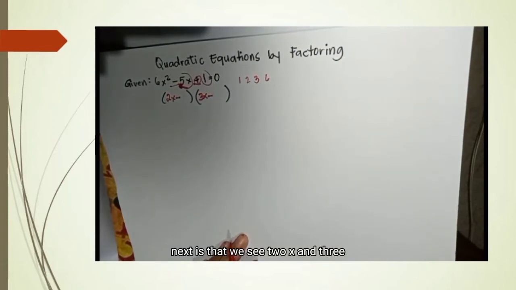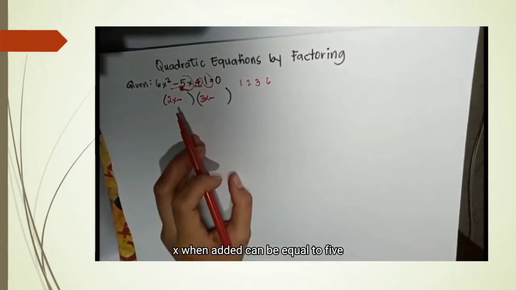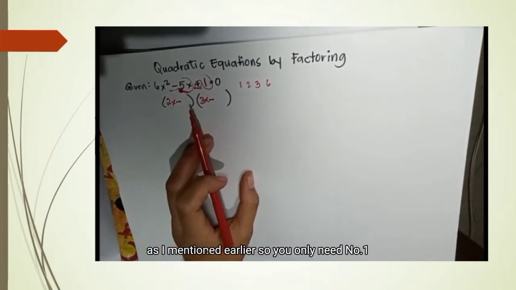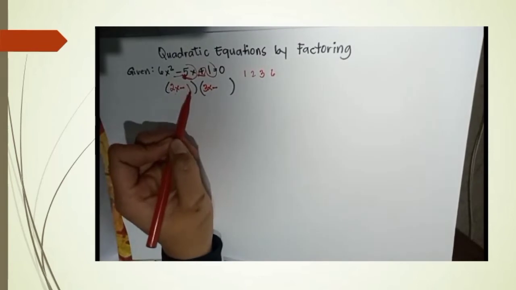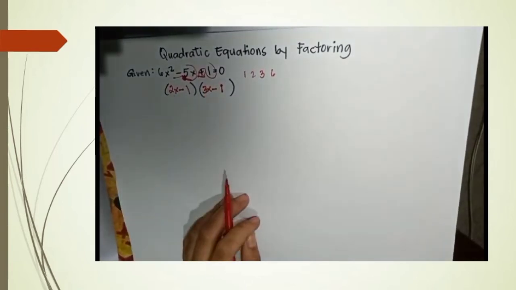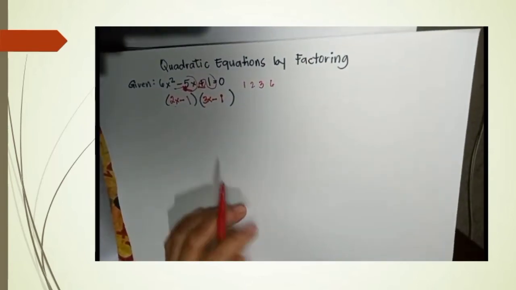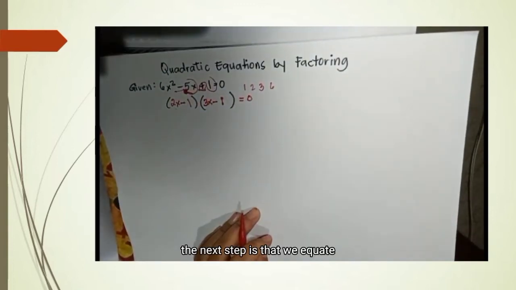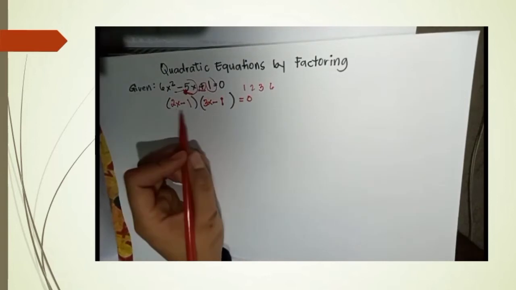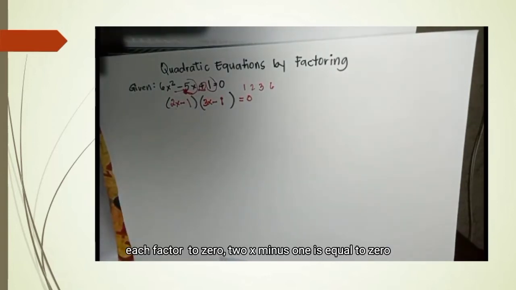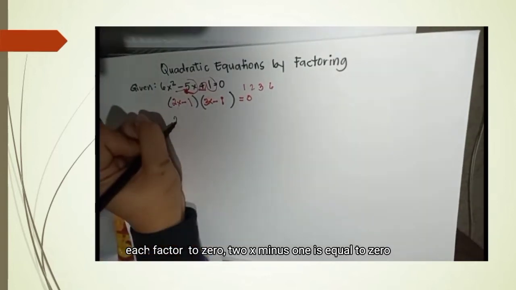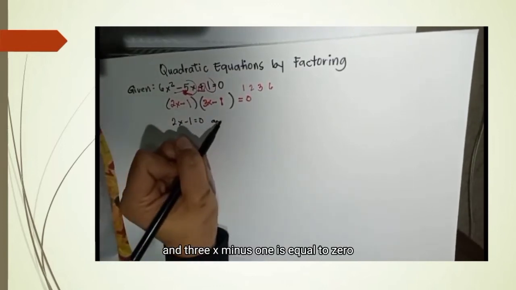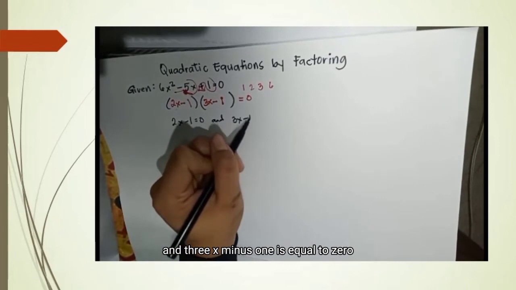Next, we see 2x and 3x when added can be equal to 5 as I mentioned earlier, so we only need the number 1. This would be equal to 0. The next step is that we equate each factor to 0. 2x minus 1 is equal to 0 and 3x minus 1 is equal to 0.